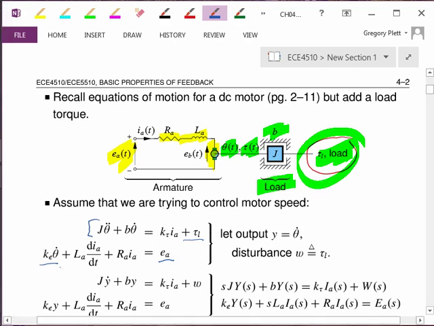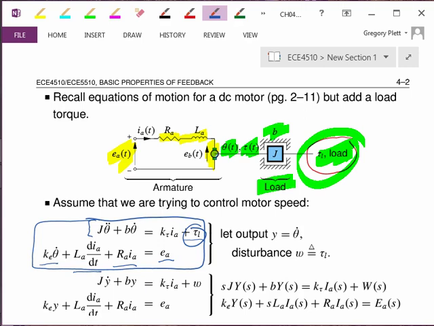And then the voltage drop over the inductor is LA dIA by dt, and the voltage drop over the resistor was just R times I. These were the equations that we developed, with now the additional load torque, and that is where we left the equations when we finished Chapter 2.